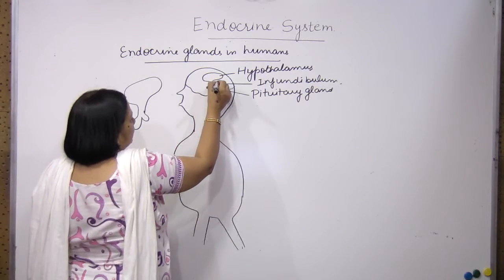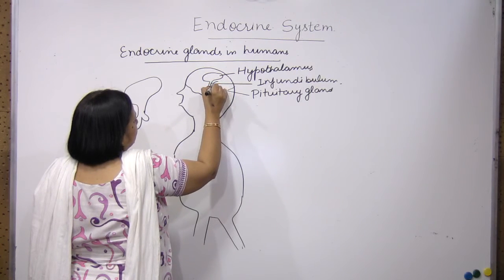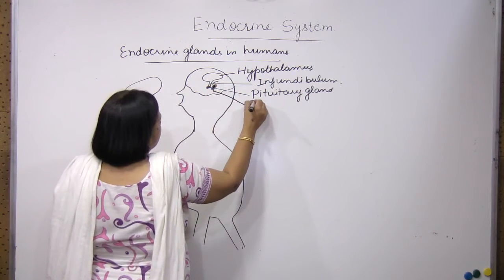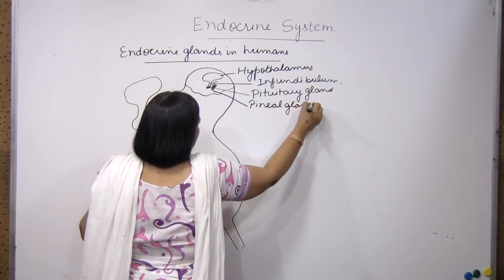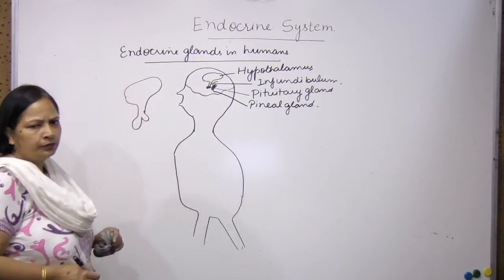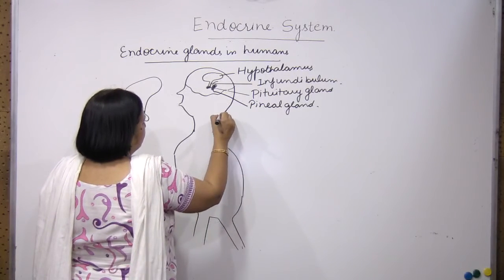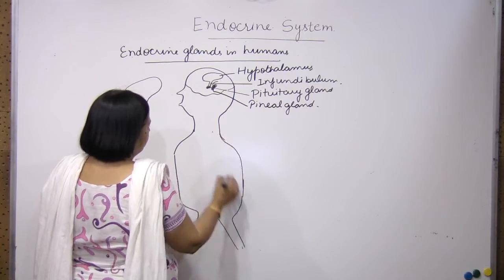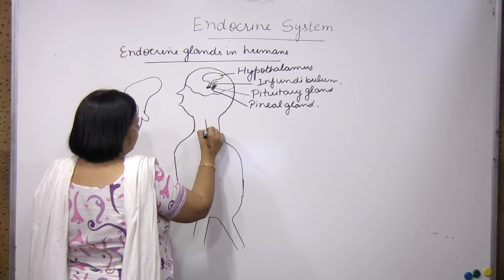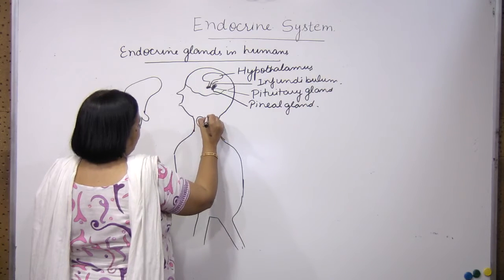Here there is another gland. This is the pineal gland in the brain. In the neck region there is the largest gland.